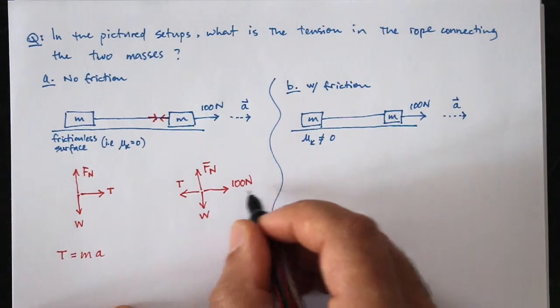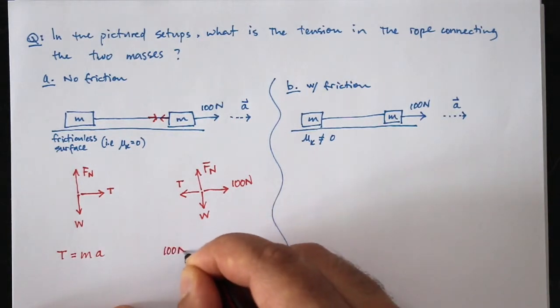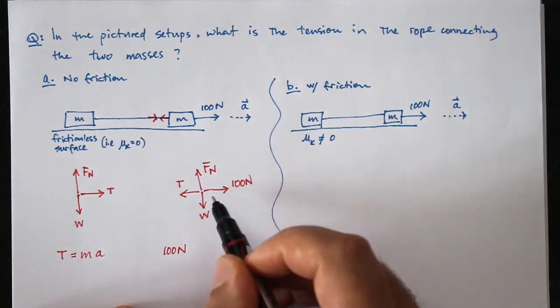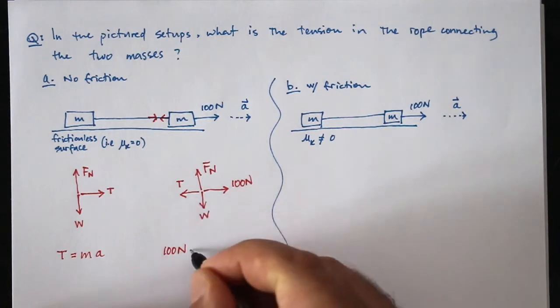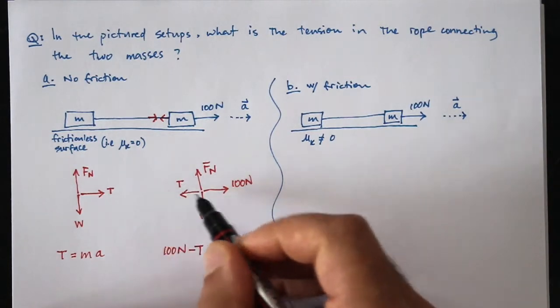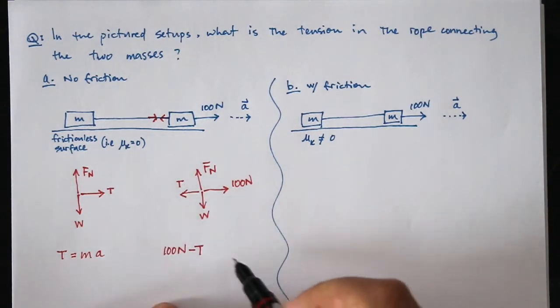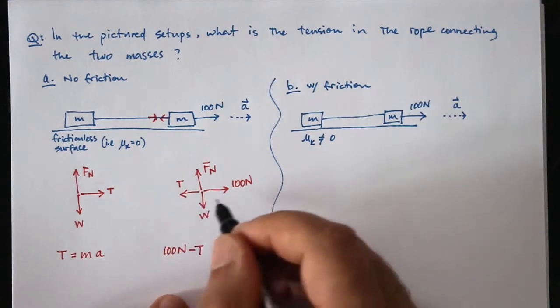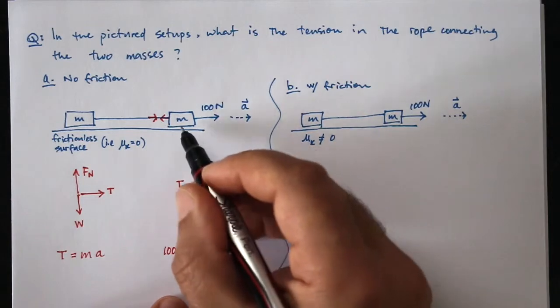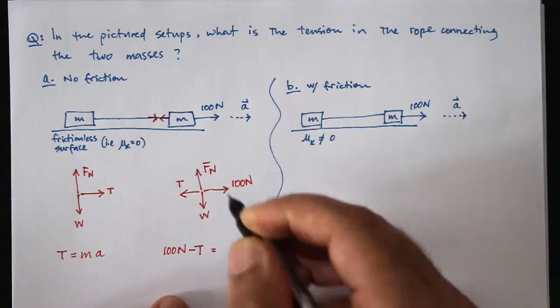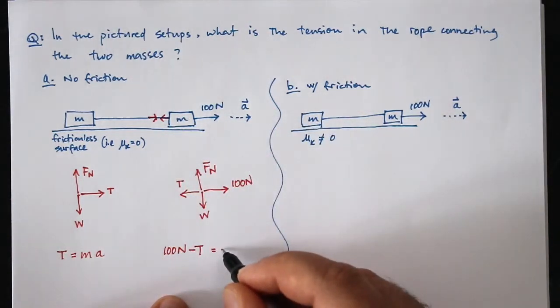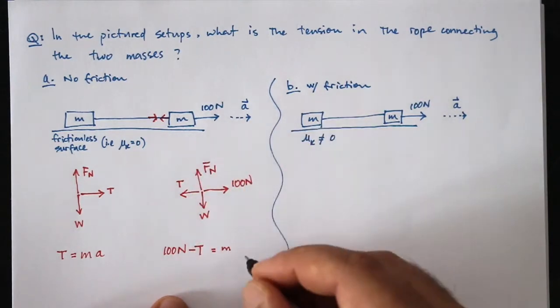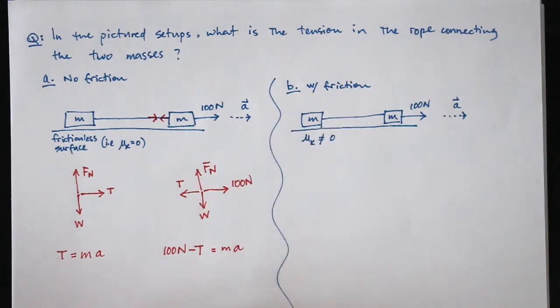In the x direction, I know that 100 newtons in the positive x, if I subtract from it T, because T is in the opposite direction, so adding vectorially the 100 newtons and the T, this is the net force in x, and that's also going to be equal to the mass that I'm examining multiplied by the acceleration, because the system is accelerating with the same acceleration.